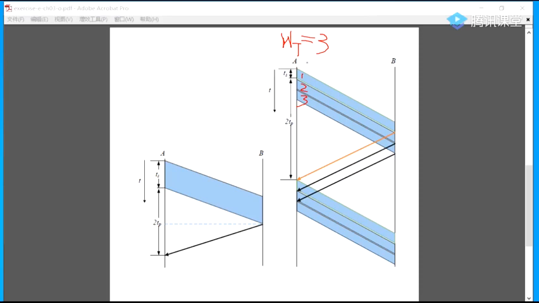Then the period of the first term is TS, the transmitting time of a single frame, plus 2TP.